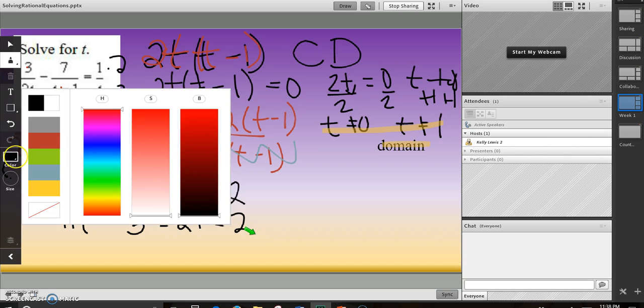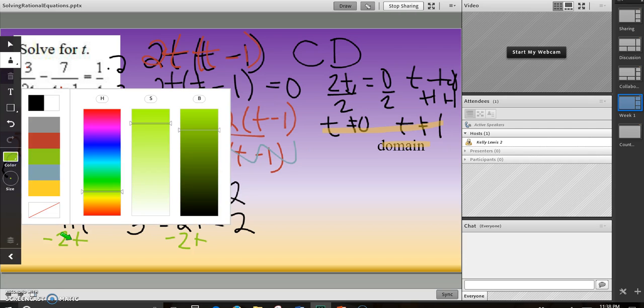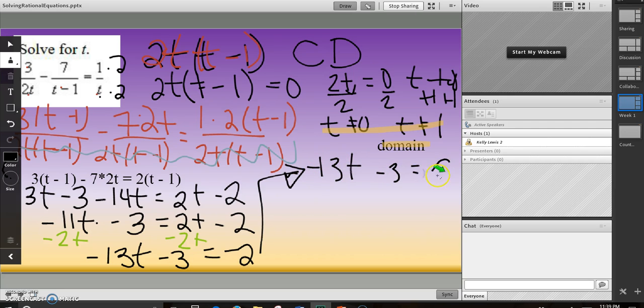All right, I like the letters on the left, so let's subtract 2t. So I get negative 13t minus 3 equals negative 2.